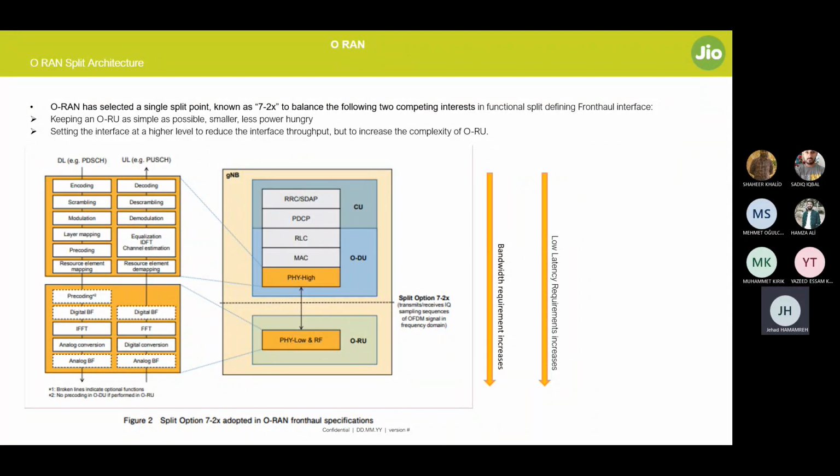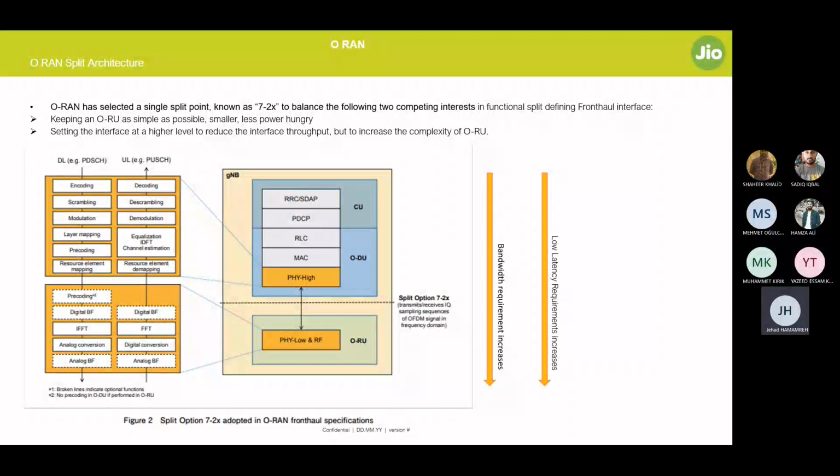What do we mean by this? The open radio unit is going to have analog to digital conversion, FFT, IFFT, and digital beamforming, but it's not going to have the responsibility of equalization, layer mapping, or modulation and demodulation.